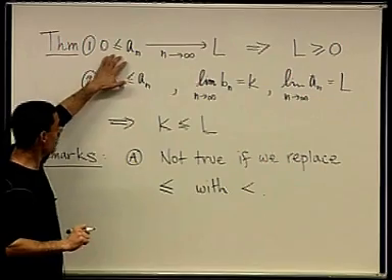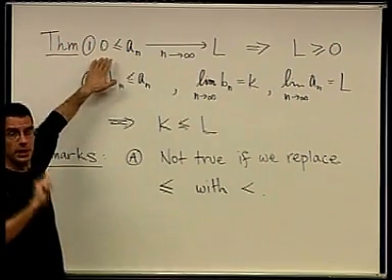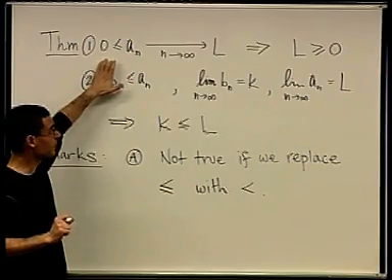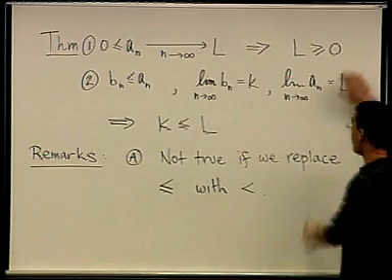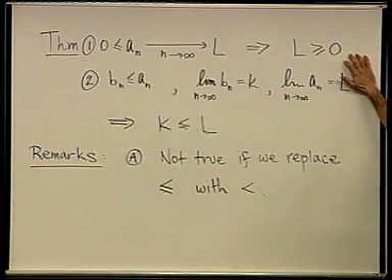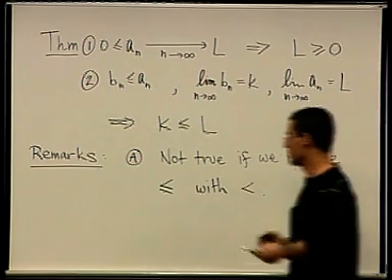Why? Suppose you have a sequence that is strictly positive. All the elements are strictly positive. Does it imply, if it converges, that the limit is strictly positive? Give me a counter example. Very good.